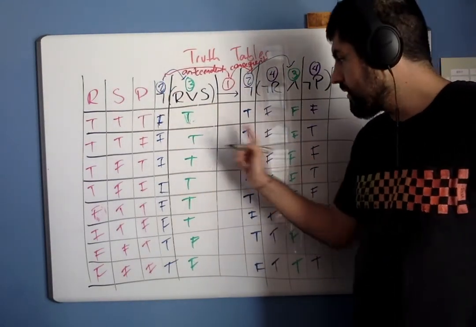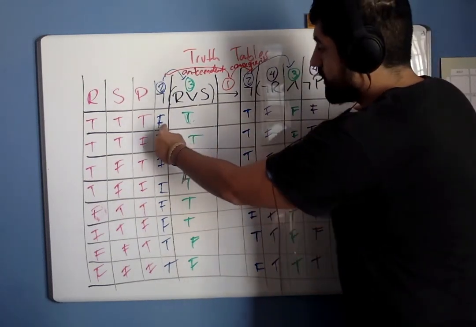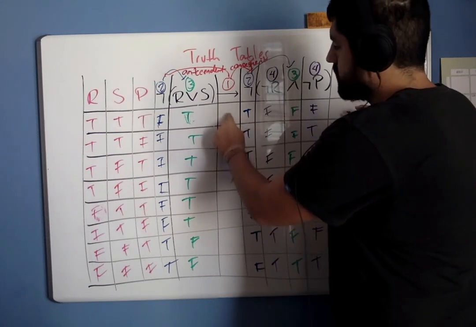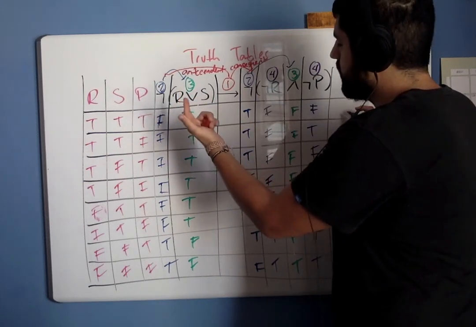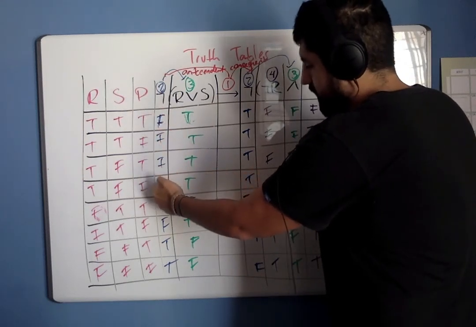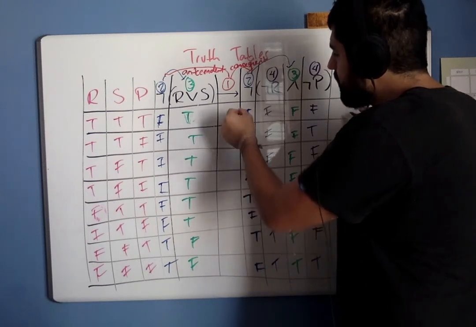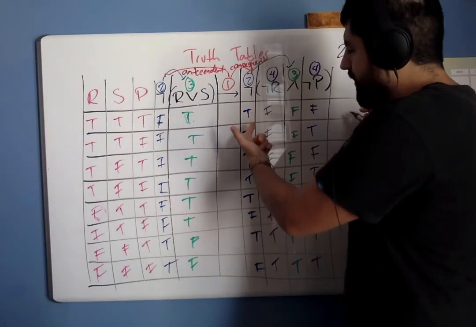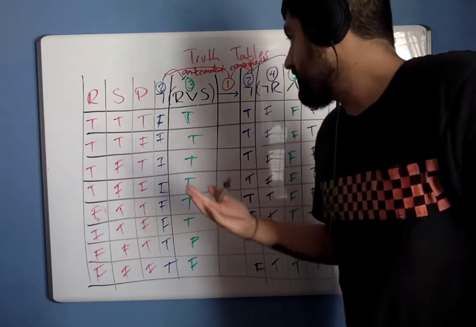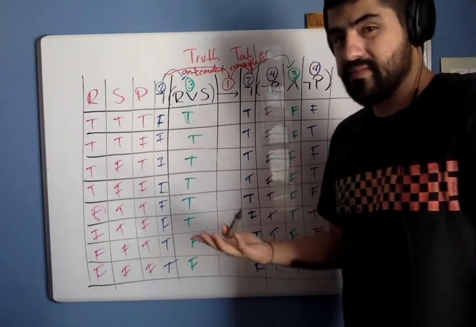So we are going to compare the blue columns. If this one is true and this is false, the conditional is going to be false. Otherwise, the conditional is always true. So false and false, and all of these ones that are false immediately are going to be true. I don't even need to compare with this, because the only possibility that the conditional is false is when we have true here in the antecedent.